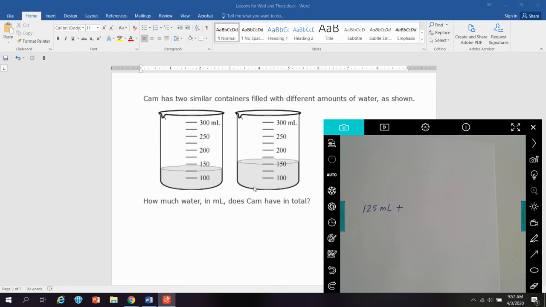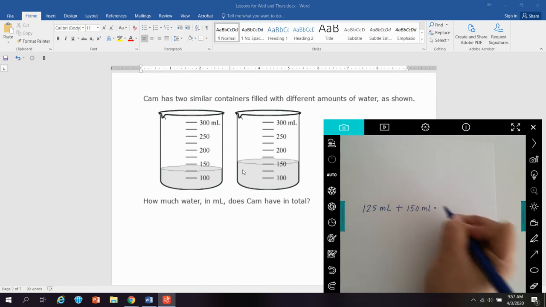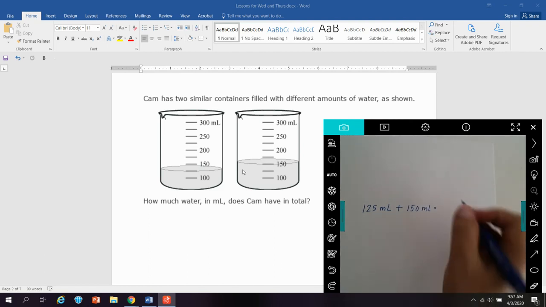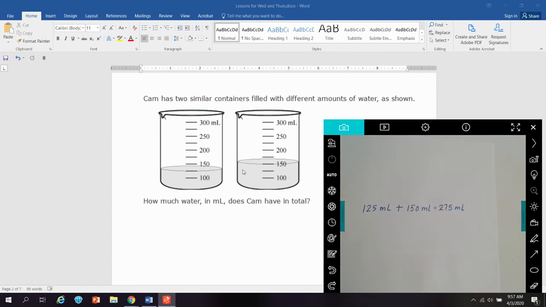For the second container, you should have gotten 150 milliliters. All right, and if you added those 2 together, you should have gotten 275 milliliters that Cam has in both containers.